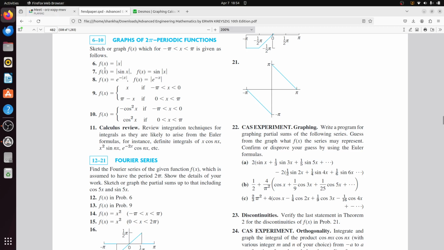So we will try to determine the Fourier series of f of x equal to modulus of x.